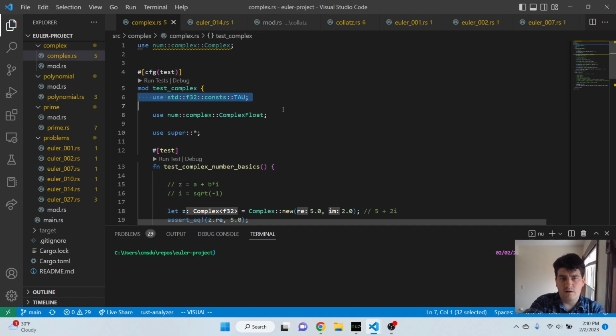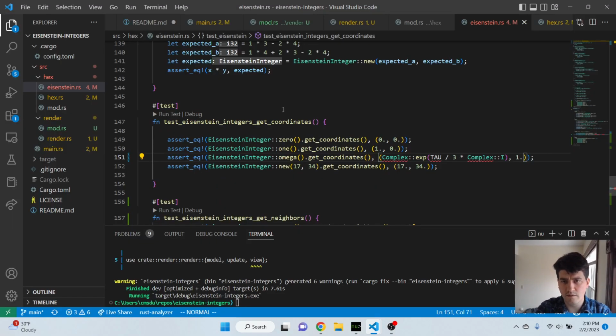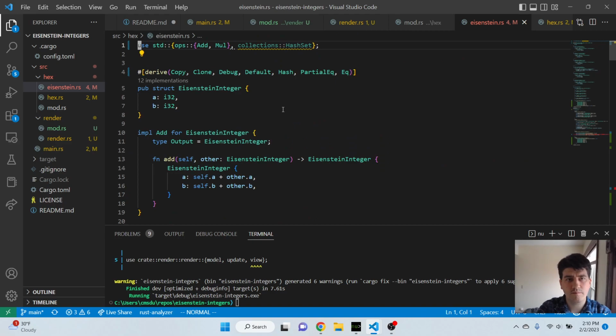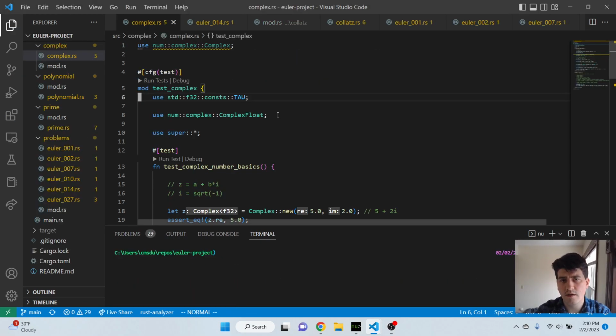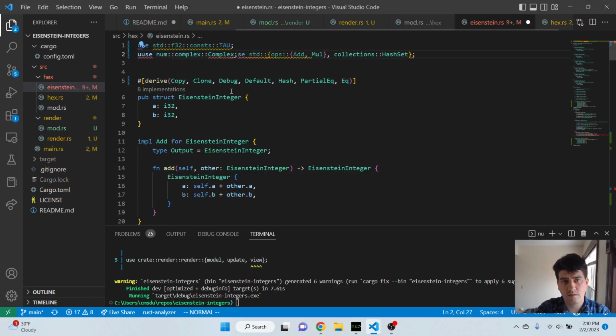Okay, so thing number 1 is, let's pull in f32. Thing number 2 is, let's pull in complex.